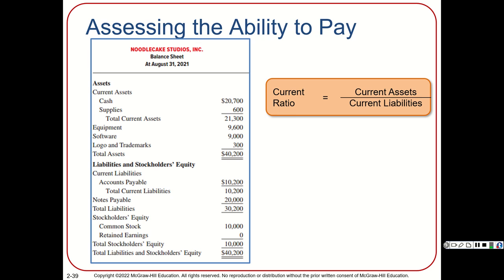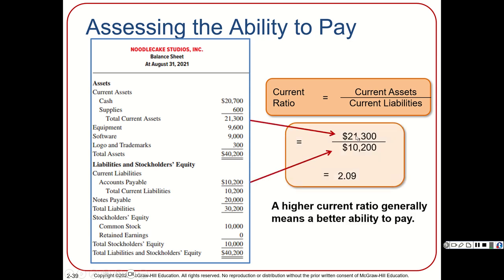So this is saying your current ratio is equal to your current assets, which is your 21,300, divided by your current liabilities, which is 10,200. When you divide the liabilities into the assets, you're going to get a 2-to-1 ratio.